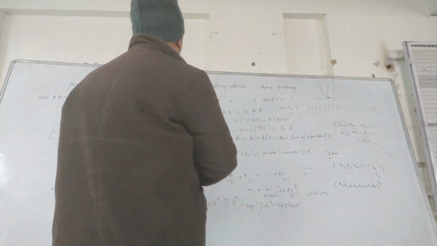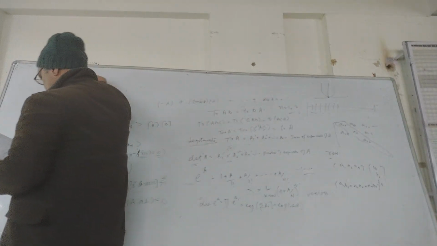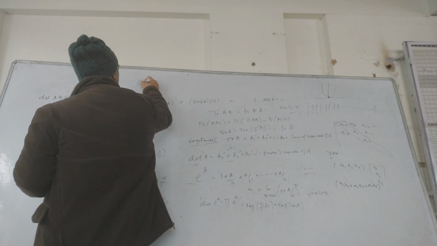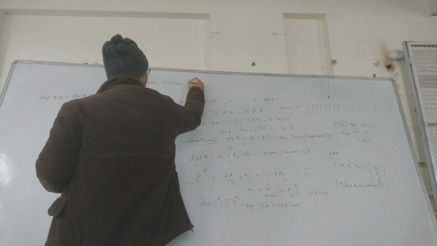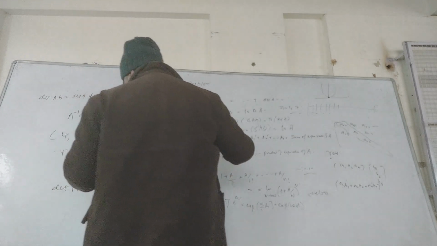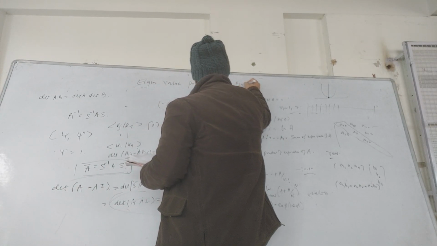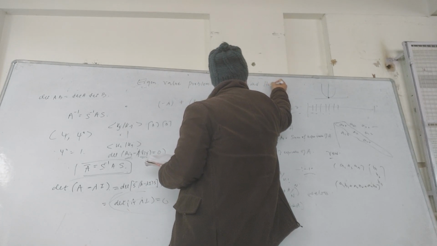There are various methods. For example, if you go to the book, there is a method we have discussed: the eigenvalue problem for a bounded Hermitian operator.